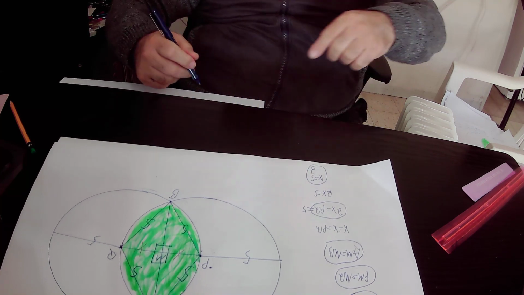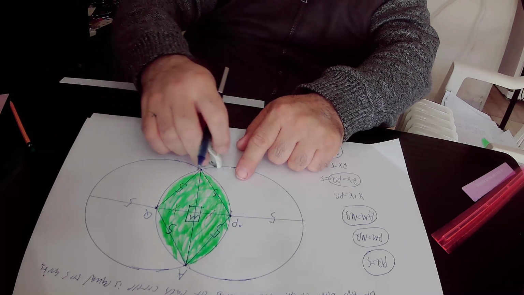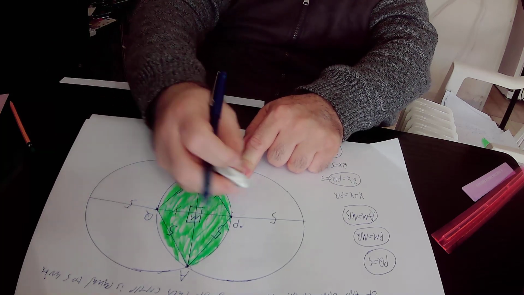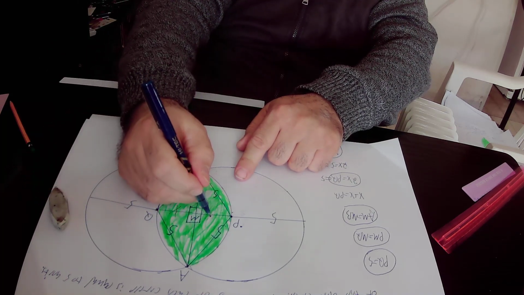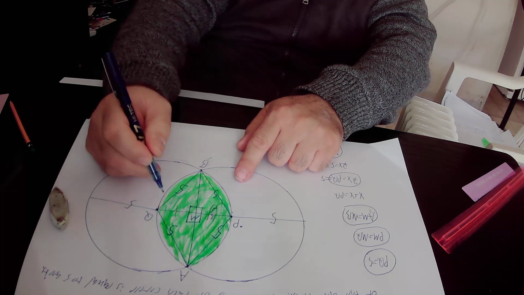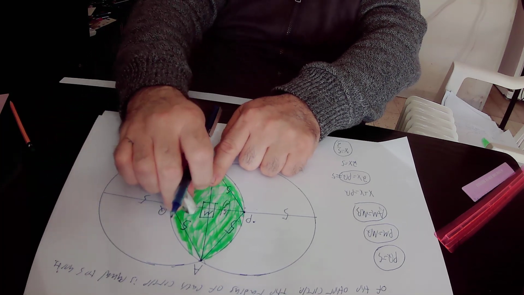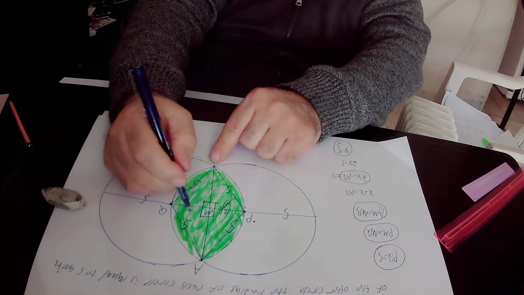So we can substitute x by 5 over 2. Here PM, which equals x, will be equal to 5 over 2 units. And here MQ, which also equals x, will be equal to 5 over 2 units.